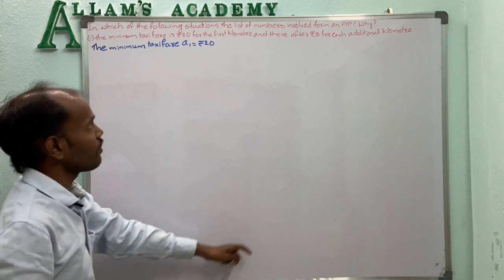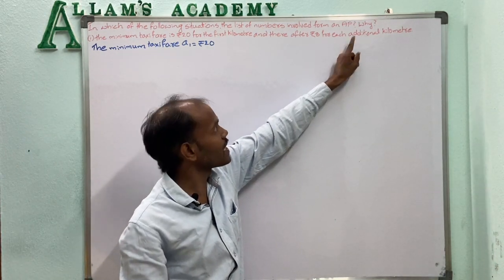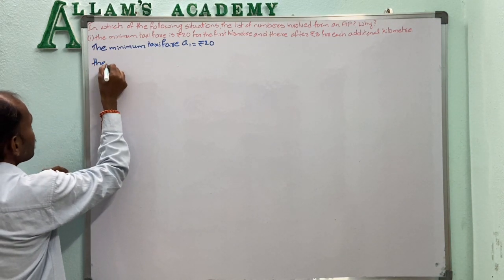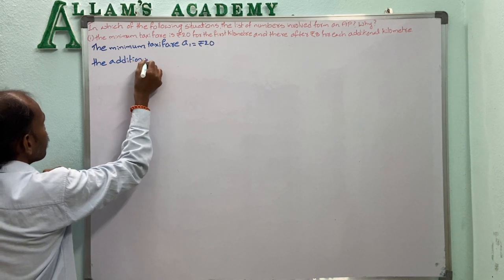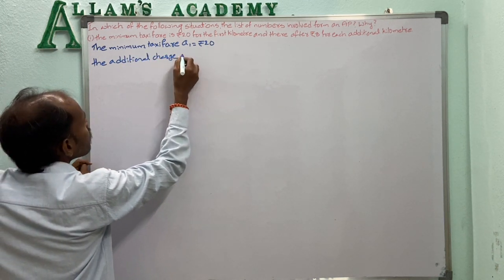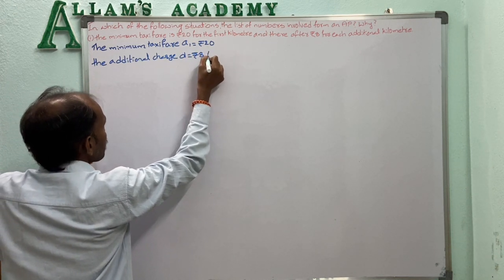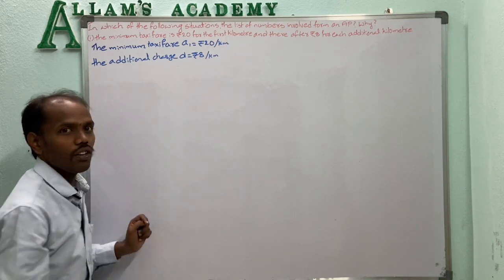So next, given, for every 1 kilometer after that there is an additional charge. So the additional charge, that is the common difference, is rupees 8 per kilometer. That is the information given.